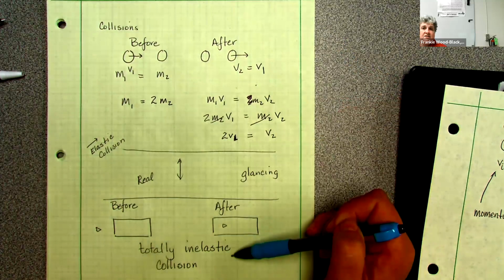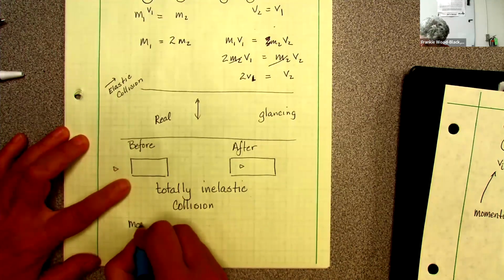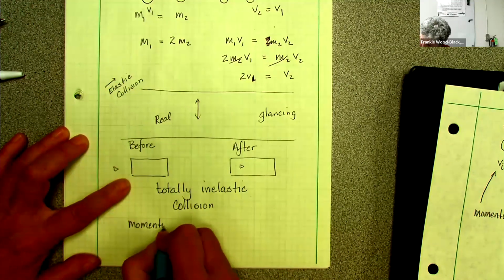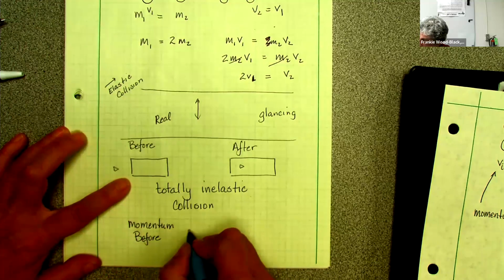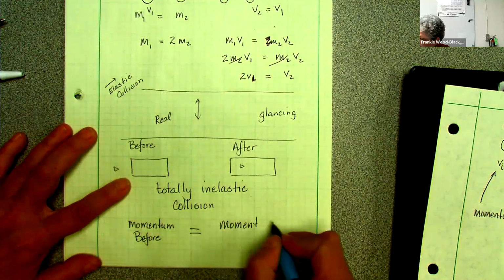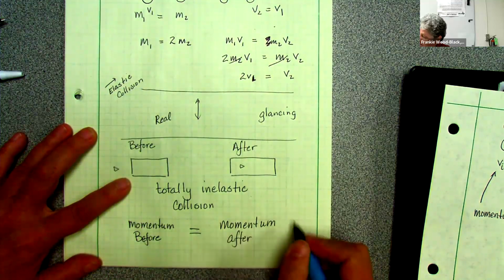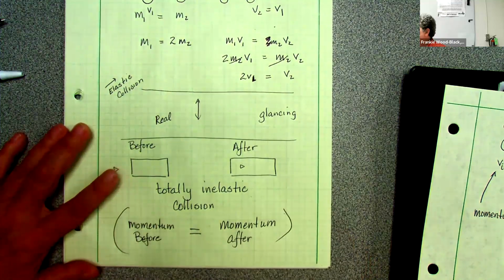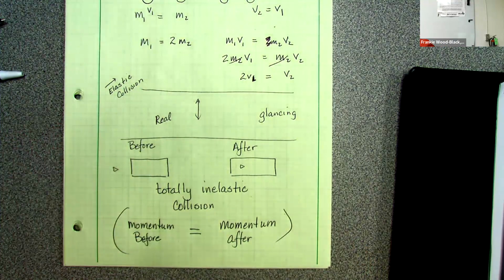Totally inelastic collisions are also really easy, but the big thing is that the momentum before has to equal the momentum after.